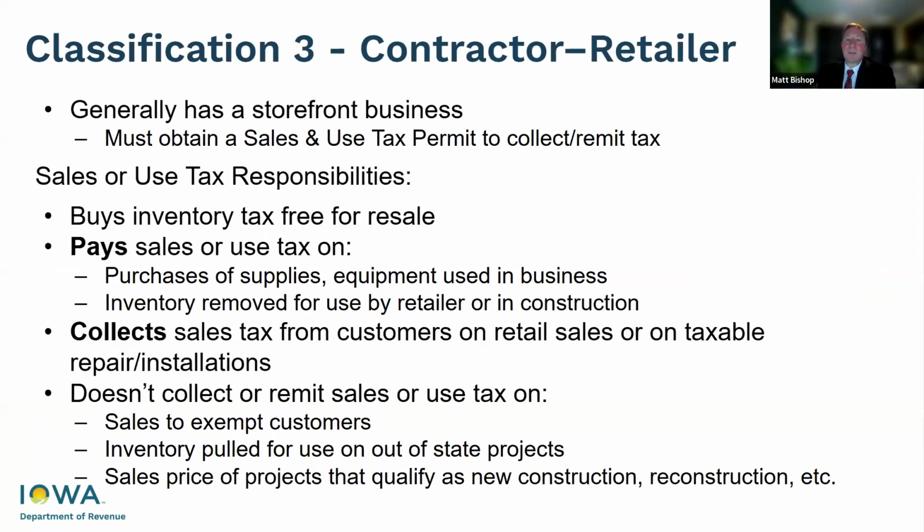There, your sales and use tax responsibilities are that you buy your inventory tax-free for resale, and then you have to keep track of what you use in your construction business. You'd pay use tax on those supplies that you use in the course of your construction work.